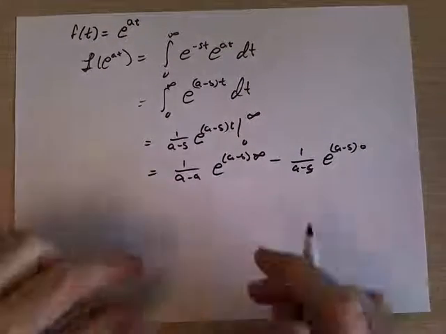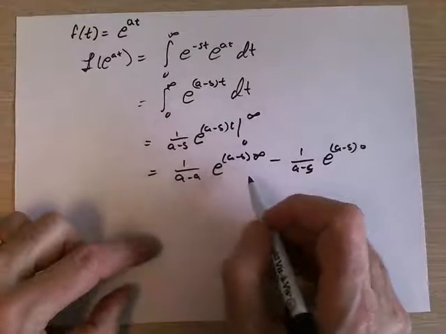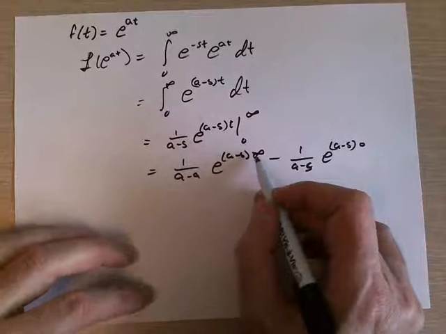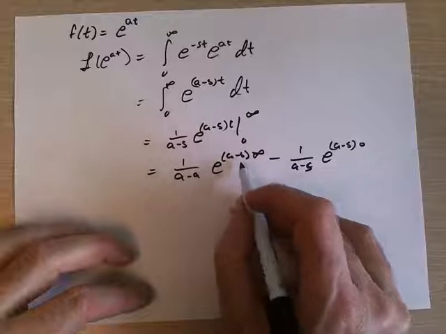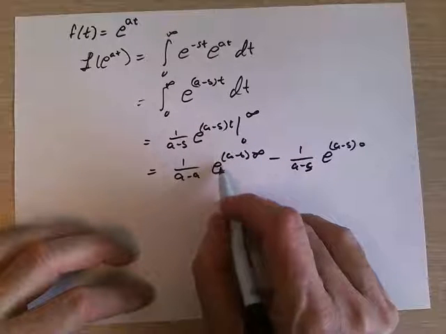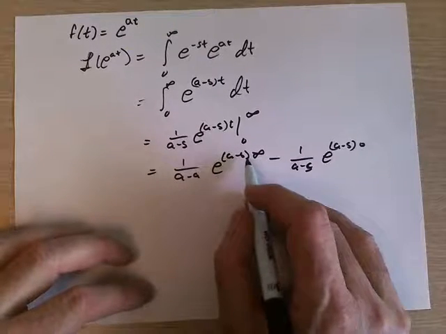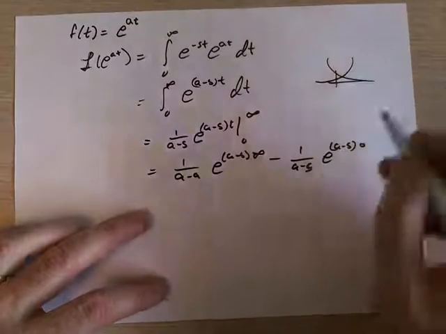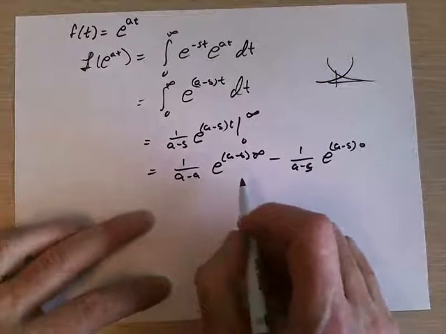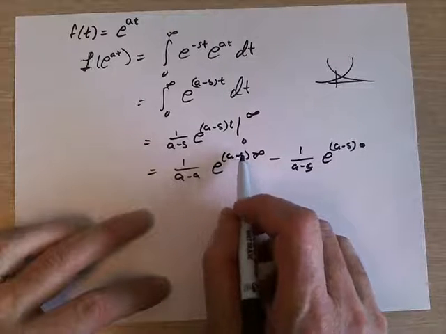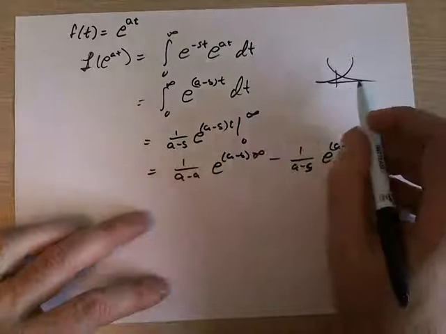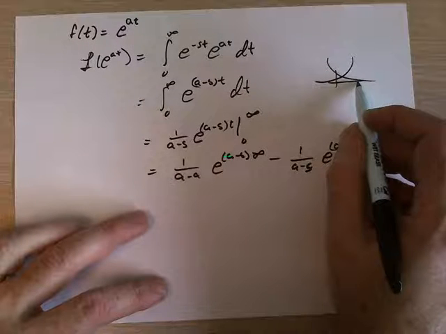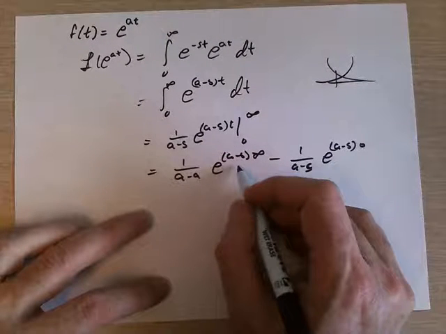Now, this is always the kicker, what's happening with that infinity? If this is not going to diverge, it's because this infinity is doing something. Exponential functions, of course, either do this or they do that, depending on whether this number here is positive or negative. We want it to do this because as t is going to infinity, we want this to be headed towards 0.